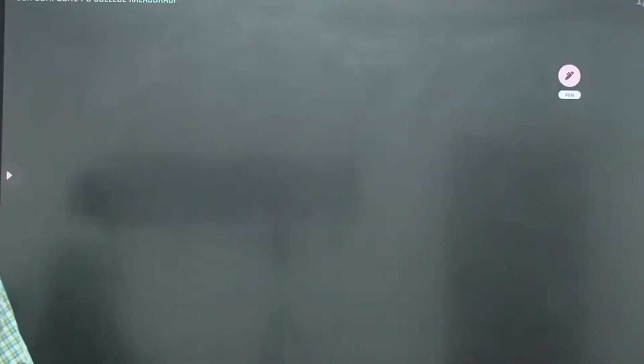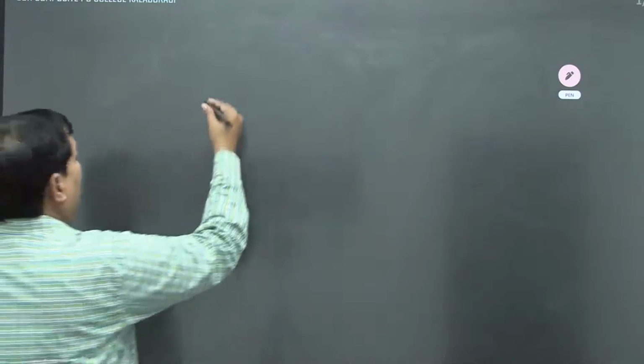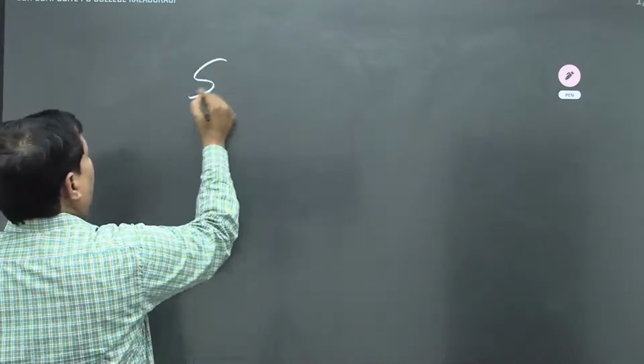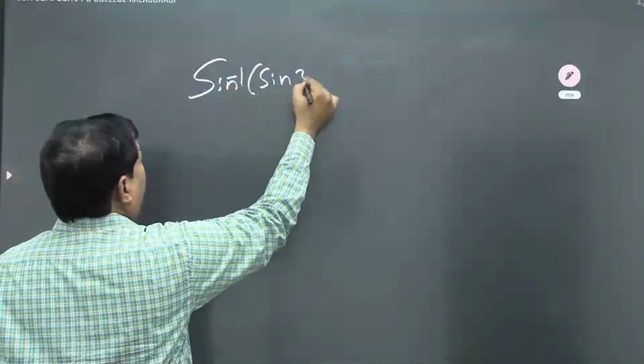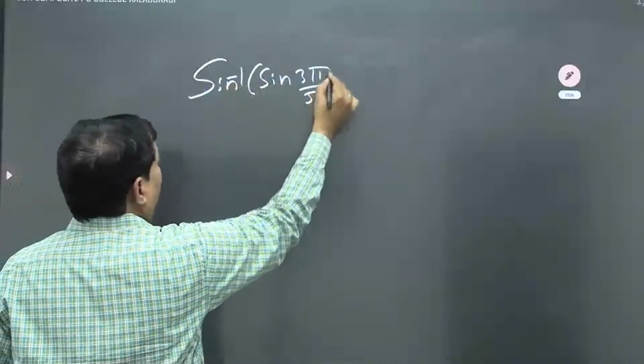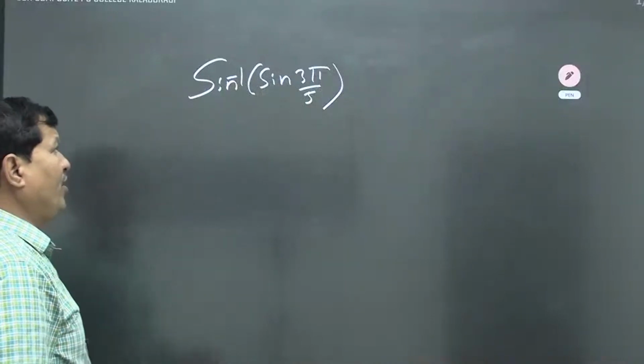Sine inverse of sine 3 pi by 5. 3 pi by 5 equals how much?